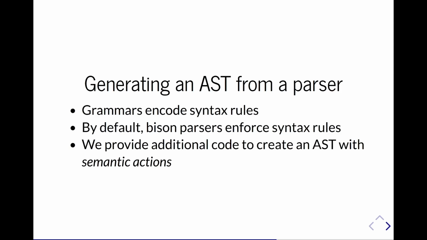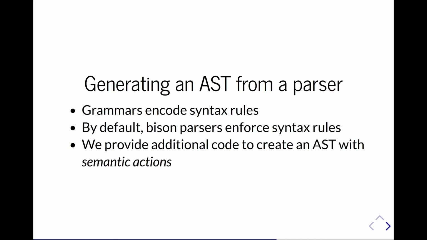So the way we're going to do this is use what Bison calls semantic actions. After each grammar specification for each construct, there's a spot where you can put a little piece of code that will run whenever Bison recognizes that construct.